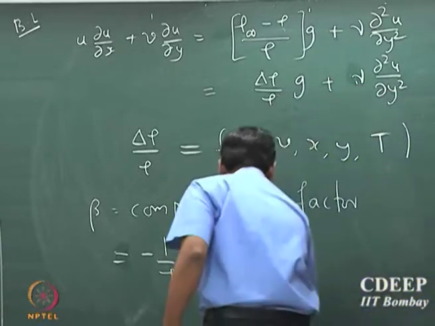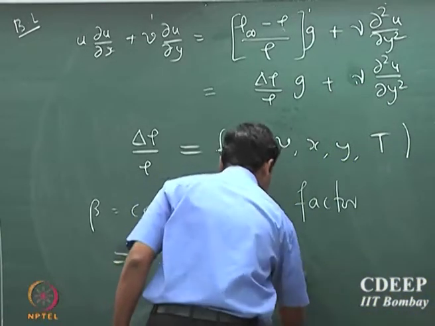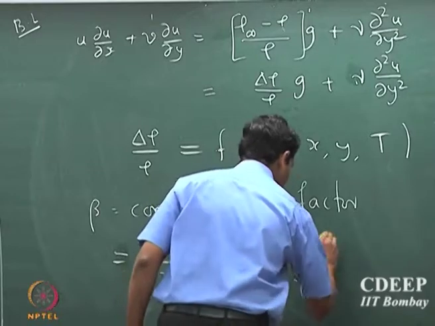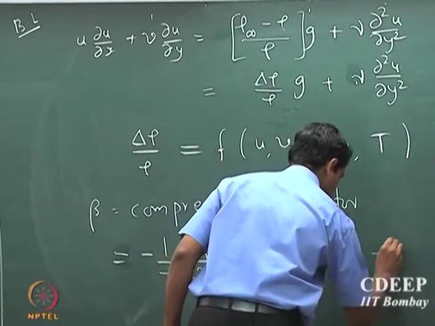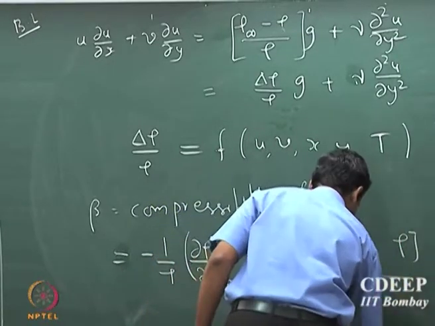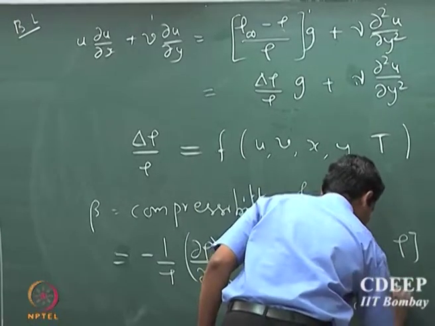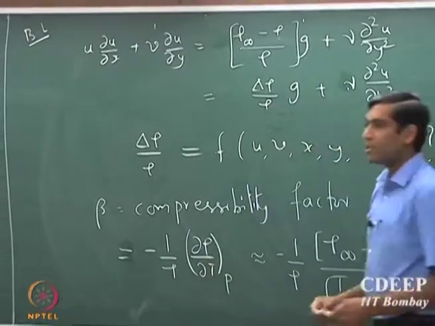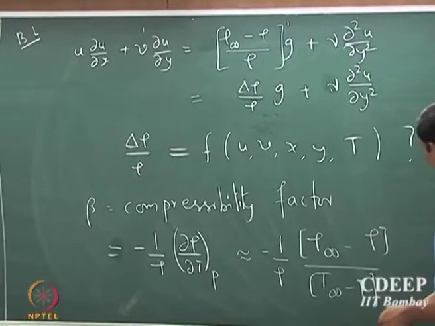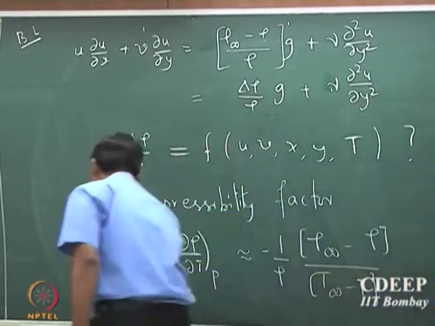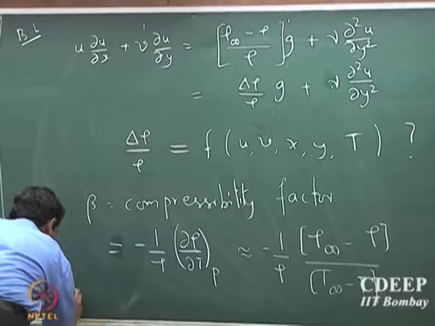So therefore we can approximate this as minus 1 by rho. This approximation is what is called the Boussinesq approximation, after the person Boussinesq.